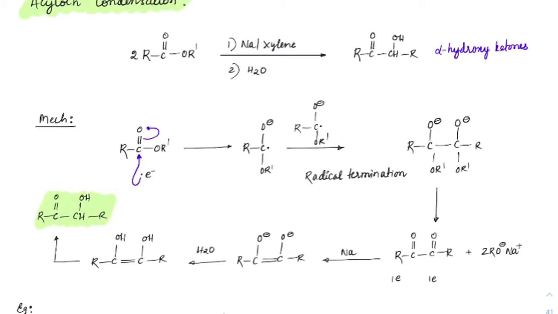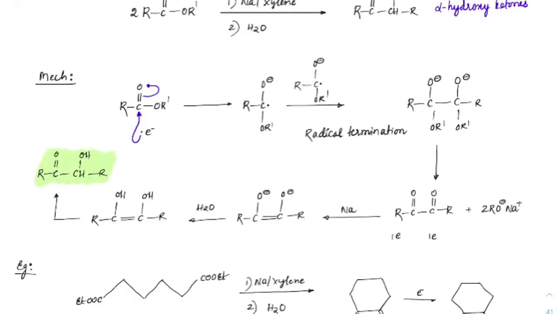So same is the case here also. This radical and this radical will terminate with each other, and we will get this product, right? CO minus, O minus, here OR' and OR'. Okay, and this will close as double bond. Leaving group will leave from here, right? So you will get alpha diketones. Right, so we can see this as alpha diketones.